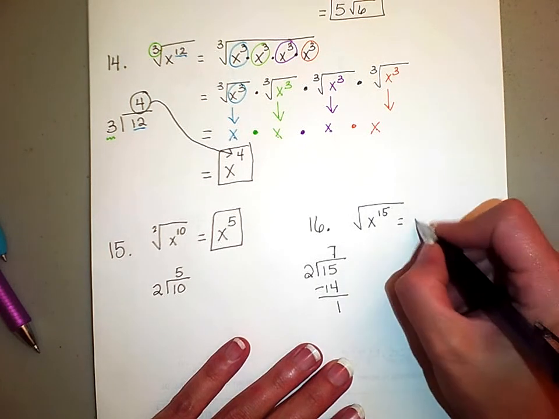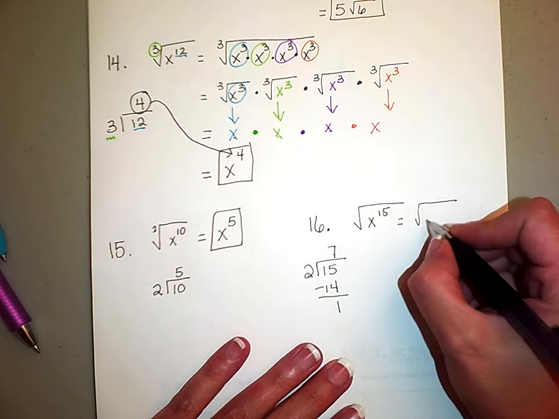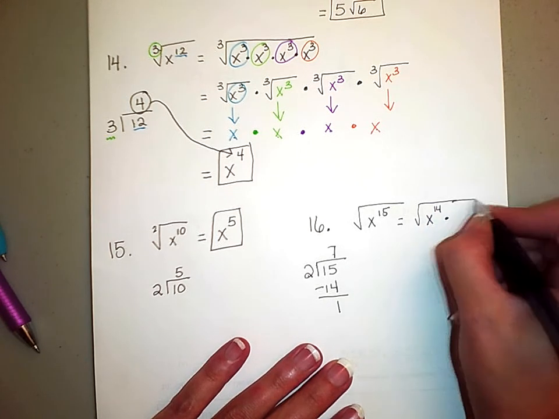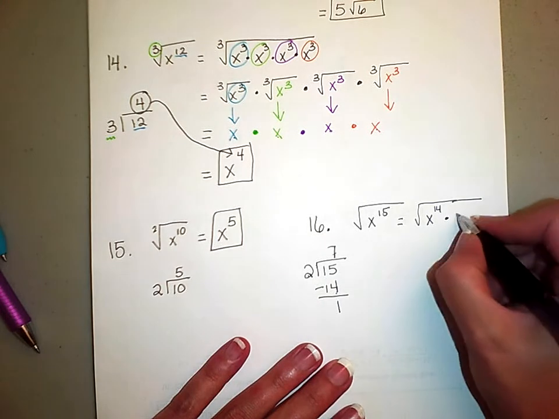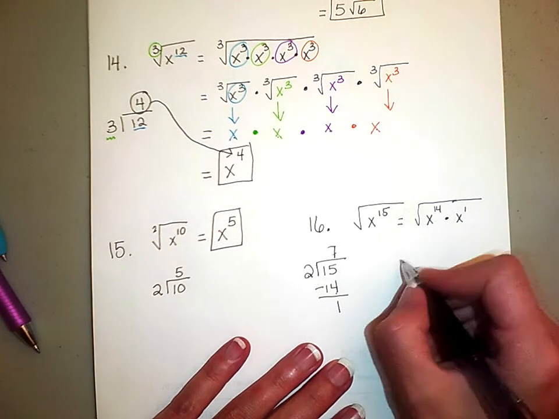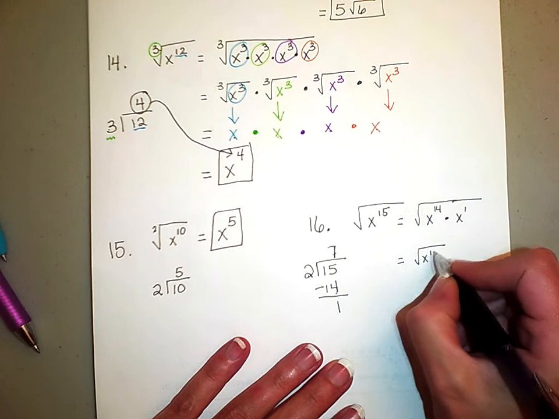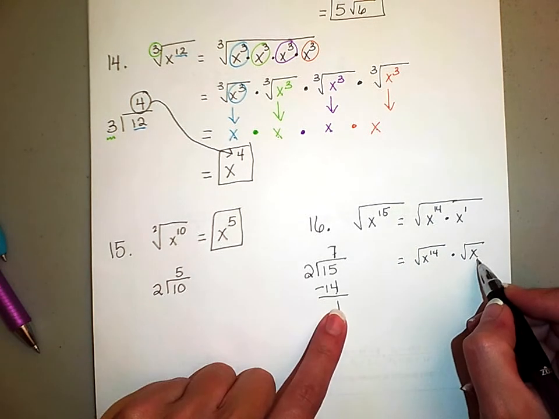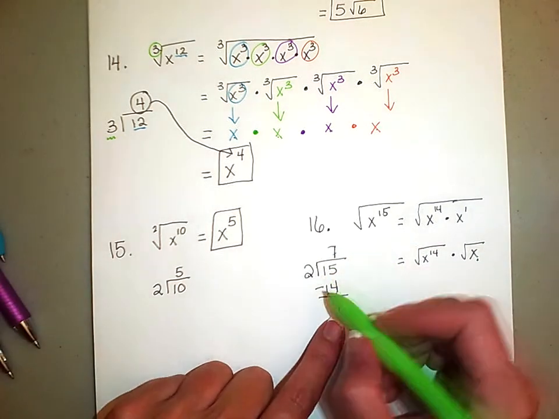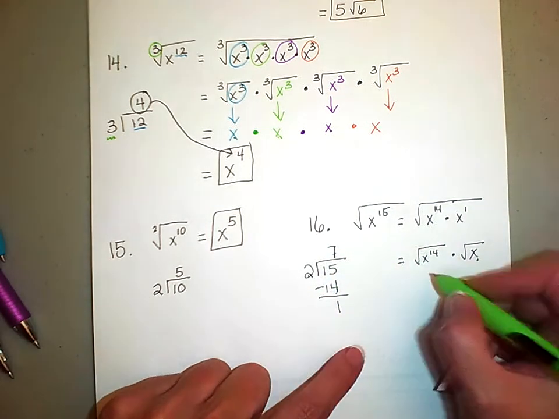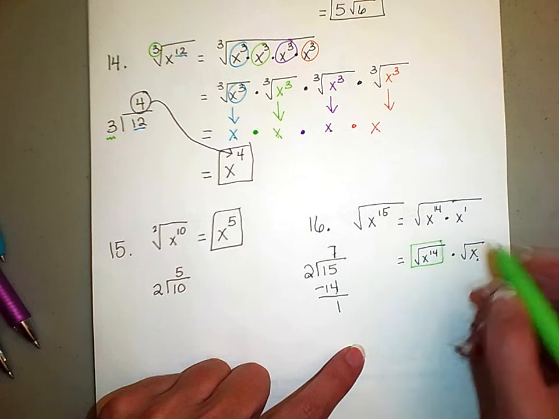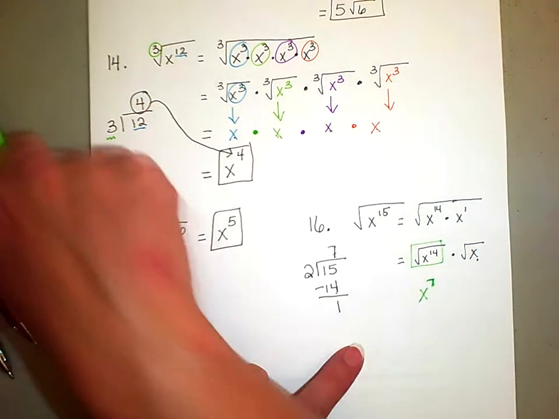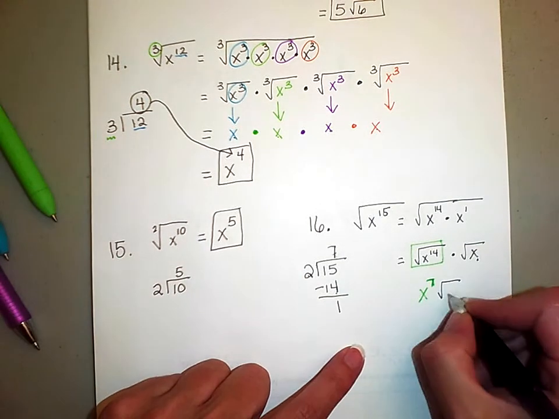So that means we could write this as x to the 14th times x to the 1st, then the square root of x to the 14th times the square root of x. Here's our remainder of 1. But we know that 2 goes into 14 7 times. So this will simplify to x to the 7th power. And the square root of x must come along.